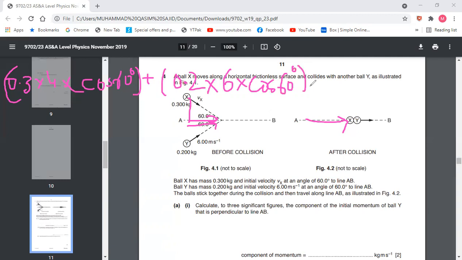This is the initial momentum equals to the final momentum. Final momentum equals to the mass, that is 0.3 plus 0.2, the mass, and having same velocity, that equals to v. Is this clear or not?